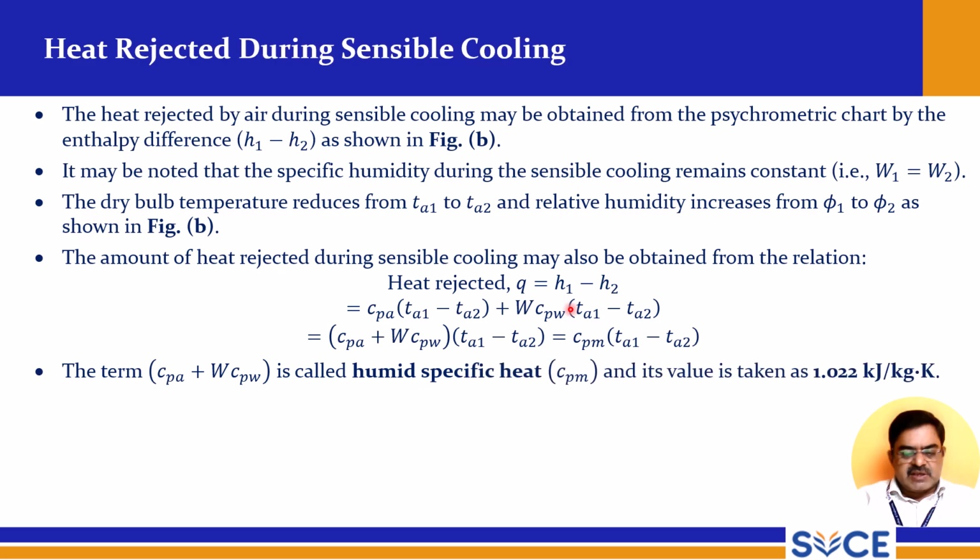Here CPA plus W CPW is called humid specific heat, that is CPM, and its value is taken the same, 1.022 kilojoules per kg Kelvin. Now Q is equal to 1.022 (TA1 minus TA2) kilojoules per kg. It is very similar to the earlier case.